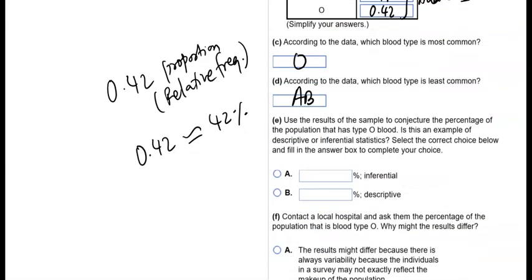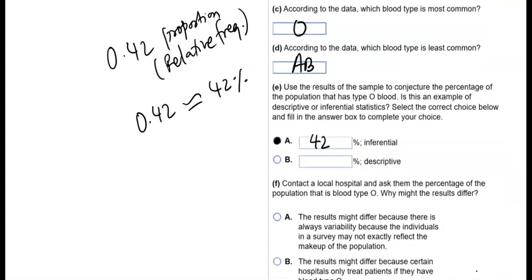So this is called inferential statistics, because you say something in general about the population. You infer the population value, which is 42% of blood type O. That is called inferential statistics.